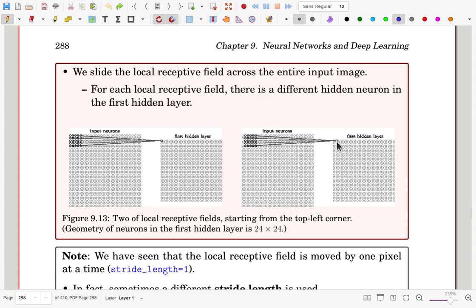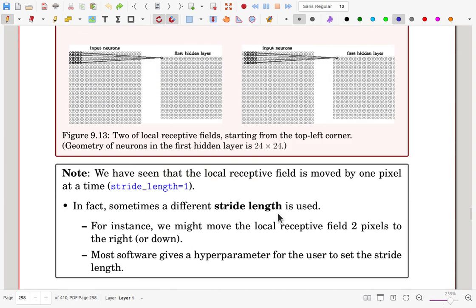But these connections are not independent. In fact, they use the same weights and bias. We are connecting from this field to the first unit with the same weight and same bias, and using them, we are connecting from this to that. That is the idea of shared weights and biases.